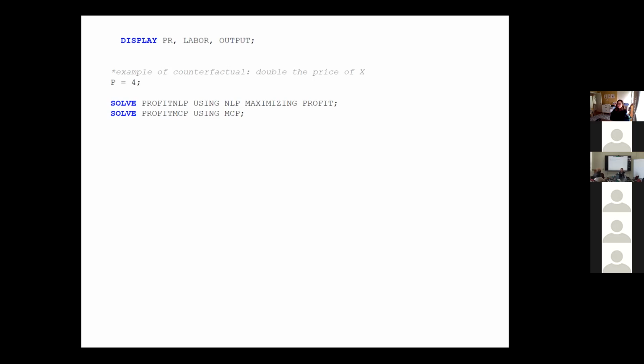So it's very similar for people who've used GEMPACK. GEMPACK is the same idea, although in GEMPACK, the typical user tends to rely much more heavily on using someone else's model. So the standard approach to GEMPACK is there's one model, we have the model, we just want to learn how to run that. You can use GAMS that way too, but GAMS tends to be used more by people who are interested in the question of how different models work.